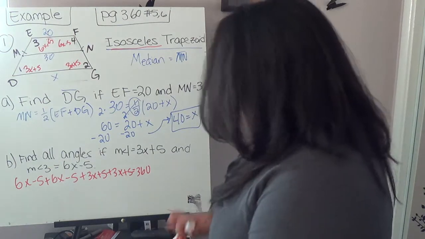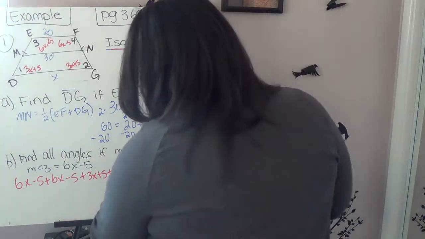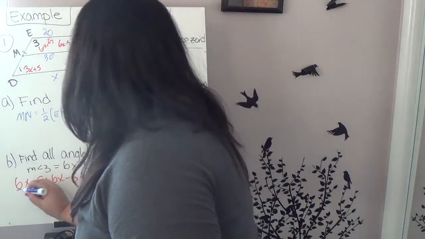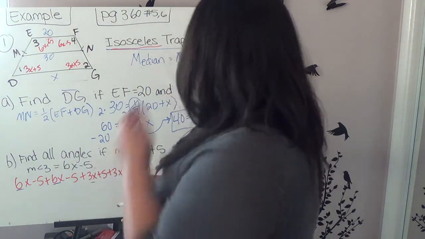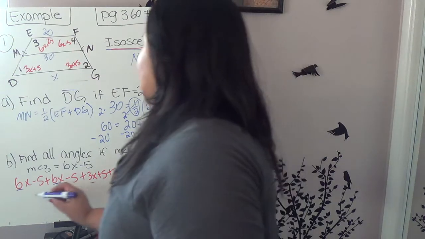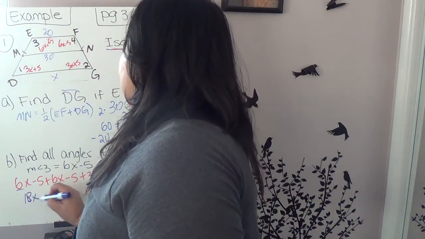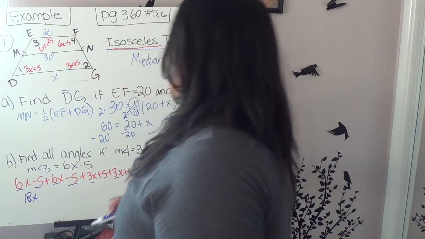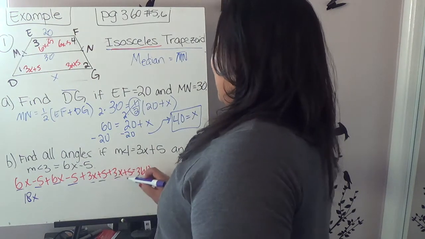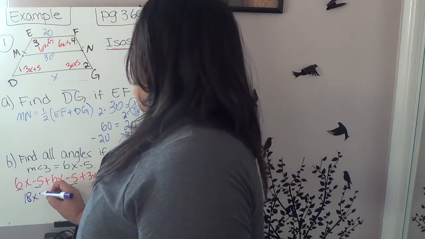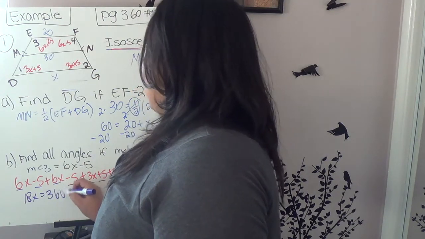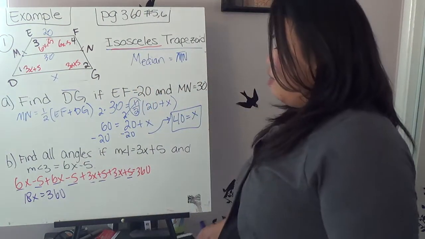I'm going to go ahead and combine like terms to see what I get. 6x plus 6x is 12x, plus 3 is 15x, plus 3 is 18x. Then negative 5 is negative 10, plus 5 is positive 10. That cancels out, so 18x equals 360, because we get a 0 and don't have to put that in.